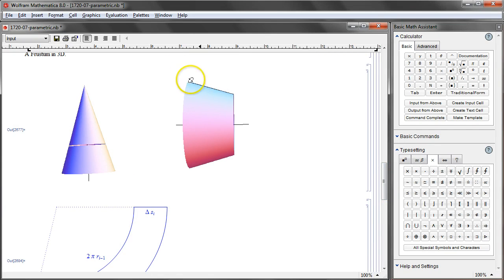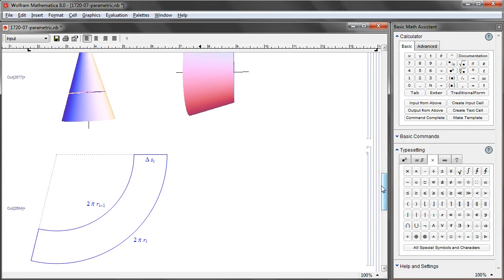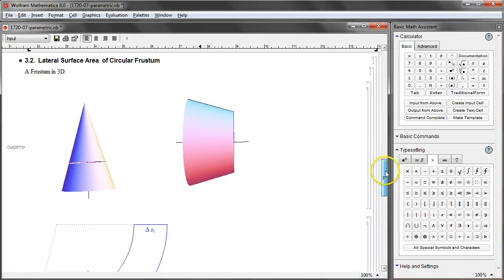Now if we cut this frustum along this top edge and then unfold it into a 2D figure, you're gonna get this kind of blue figure. And we have those dotted line segments here because that part corresponds to the pointy part of the cone which we took away early on.